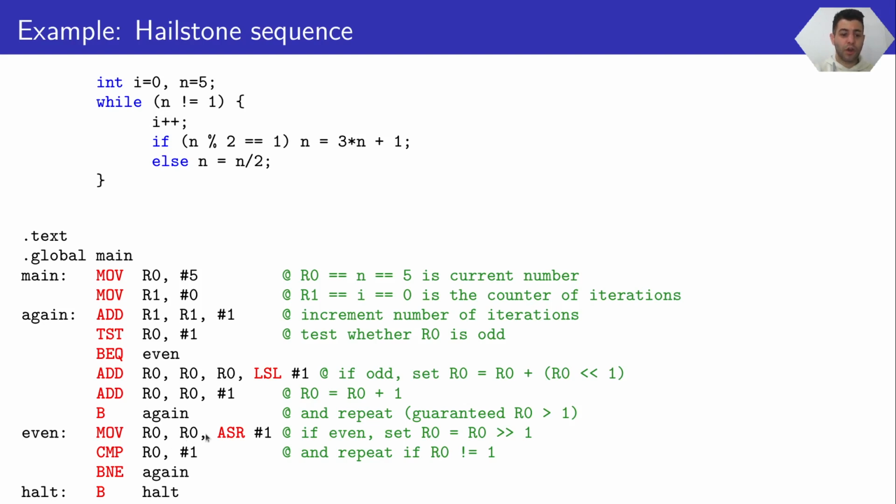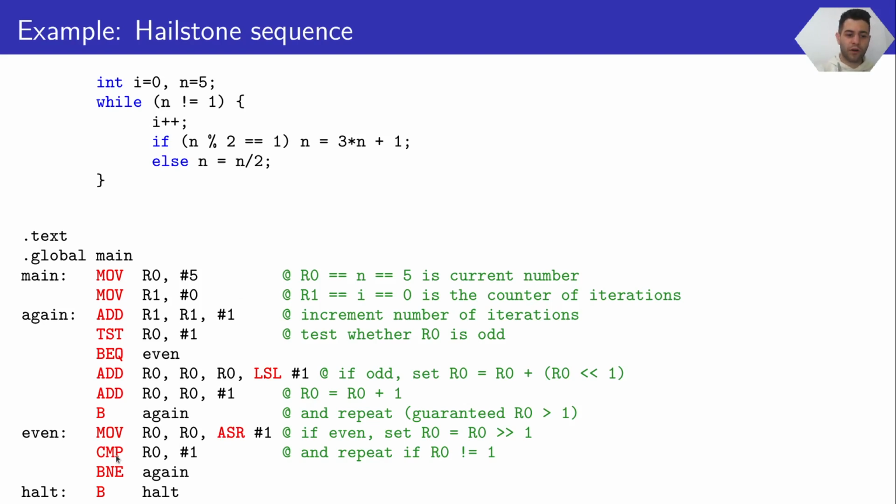If it is even, what we are going to do here is move R0 shifted right by 1. You remember, if you're shifting right by 1 bit, you are dividing by 2 to the power of n, in this case 2 to the power of 1. So we are dividing by 2, and we are setting the result back to R0.